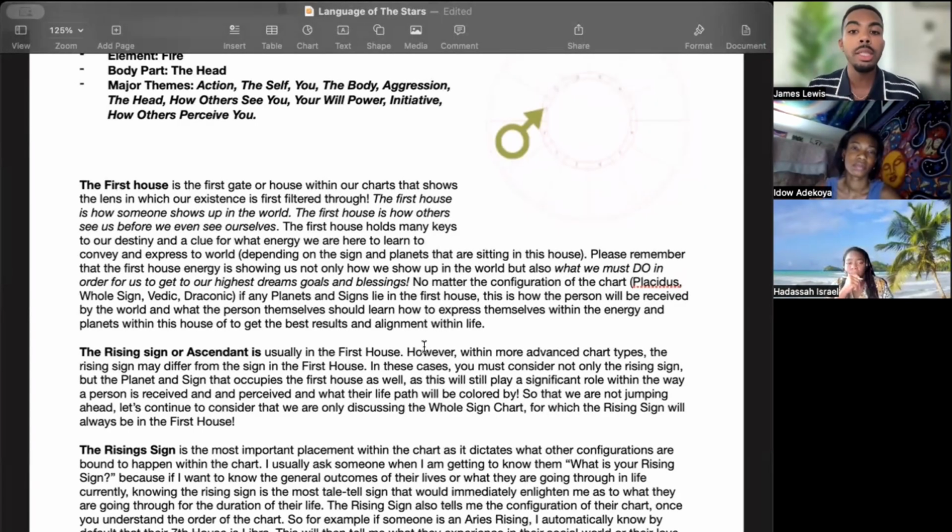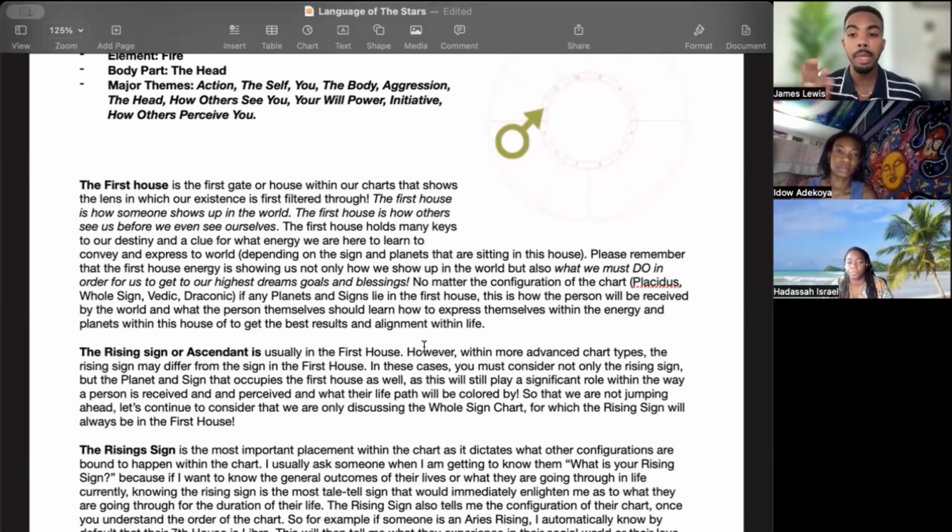Now, depending on the sign and the planets that are sitting in this house, this will change. This will vary. Everyone will have a different goal, a different task. But please remember that the first house energy is showing us not only how we show up in the world, but also what we must do in order for us to get our highest dreams, goals, and blessings, no matter the configuration of the chart.